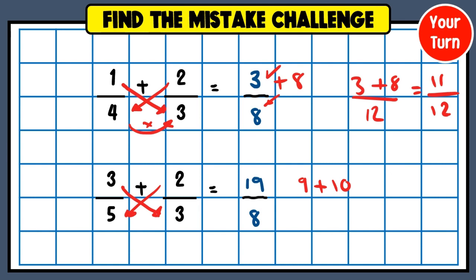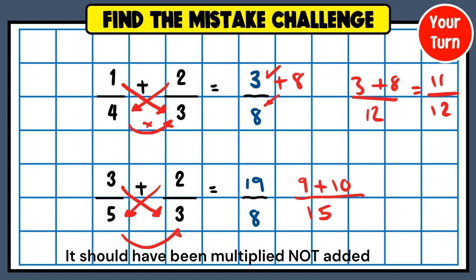So step 1, 3 times 3 is 9. 2 times 5 is 10. And then step 2, I should have done 5 times 3, which is 15. But instead I've got 19 over 8. It's completely wrong, isn't it? Okay, well done if you realise what mistake it was. The answer should be 19 over 15.